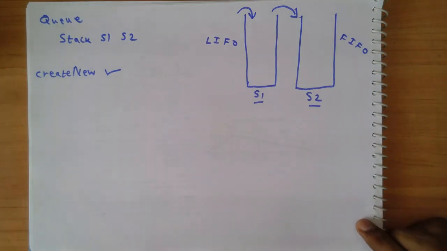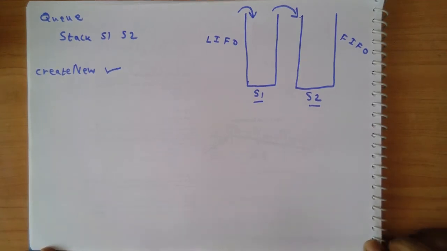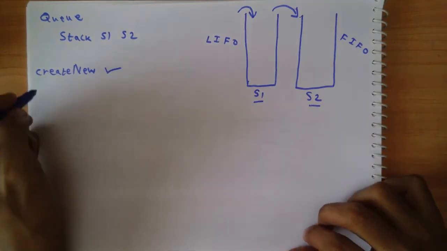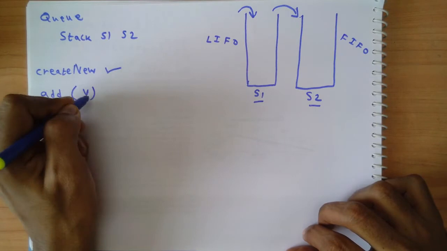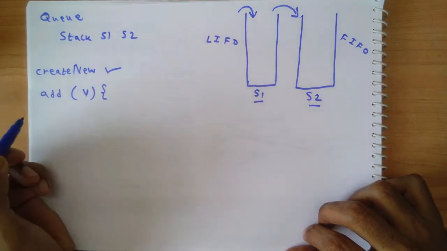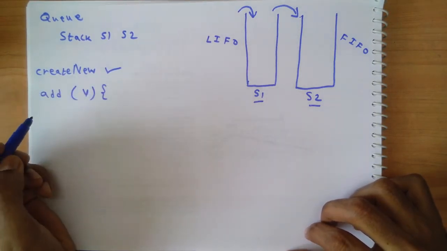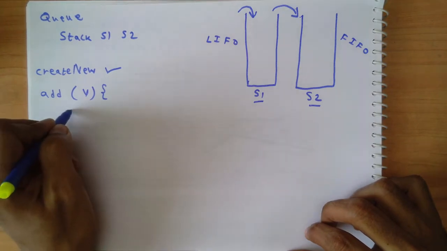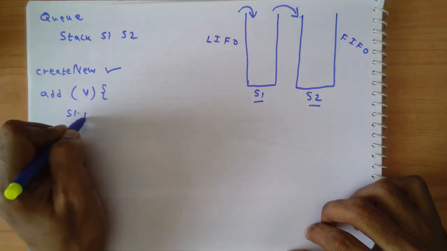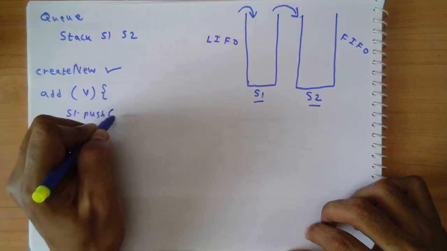Okay, and then there will be some boundary cases that we have to take care of. Okay, so let's first write our add operation. It sends us value v, and then I am going to simply write it as S1.push(v).